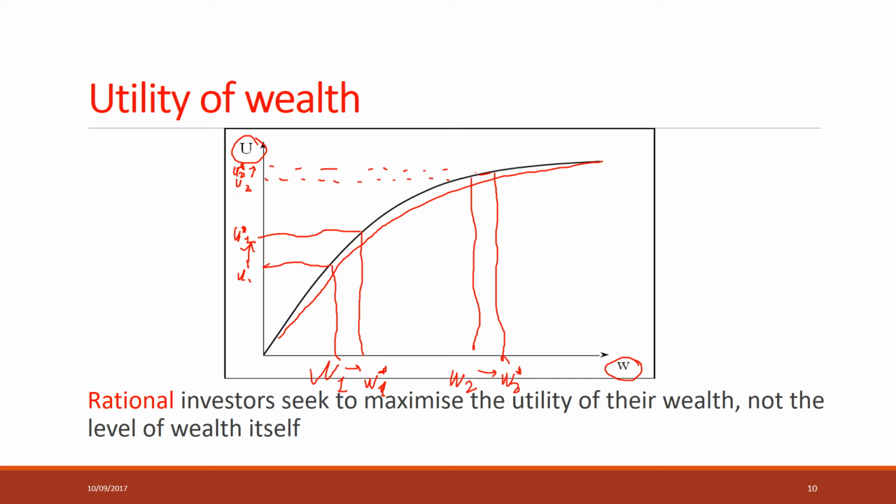So when we assume that investors are risk averse, this is what we mean, yeah? So for a very high level of wealth, if we ask the investor to bear an additional level of risk to earn an additional level of return, the return has to be much higher than before to compensate for the fact that the investor's utility is a diminishing function. Right.